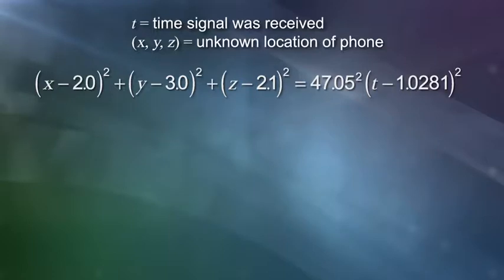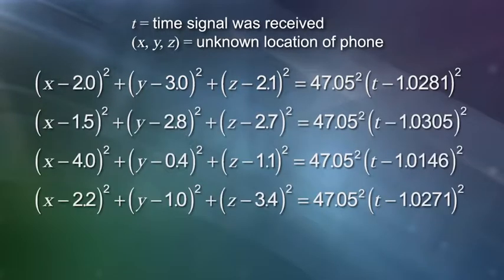The left side of the equation is the square of the distance between the phone and the satellite. The right side of the equation is the square of the distance the signal traveled between the time the signal was sent and the time it was received.